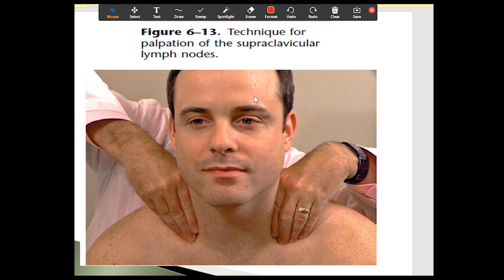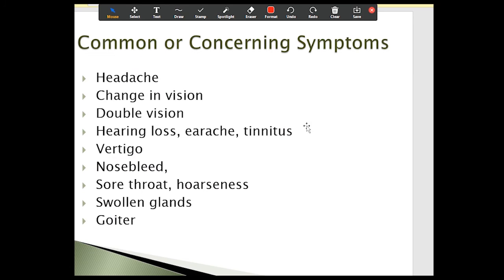When we palpate here, we need to put our fingers a little deeper, and even ask the patient to breathe in deeply, and then we can push in pretty deeply here. Usually we try to find some nodules there. So that's basically the physical examination of the head and neck area.